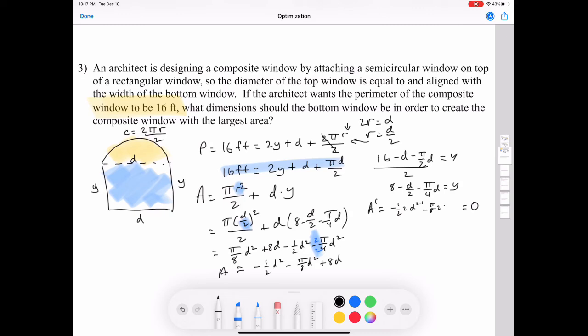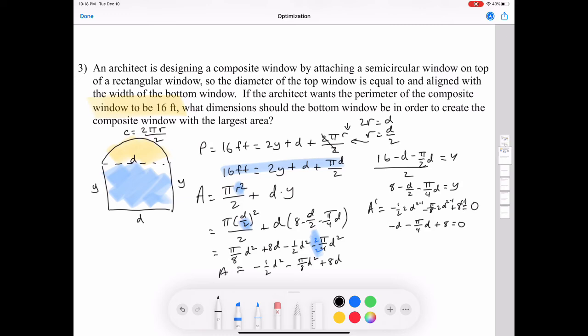And then that's d to the 2 minus 1 plus 8 times 1. Because the derivative of d is just 1. So this simplifies to be negative d minus pi over 4 d plus 8 equals 0. We're trying to make this solve for 0.